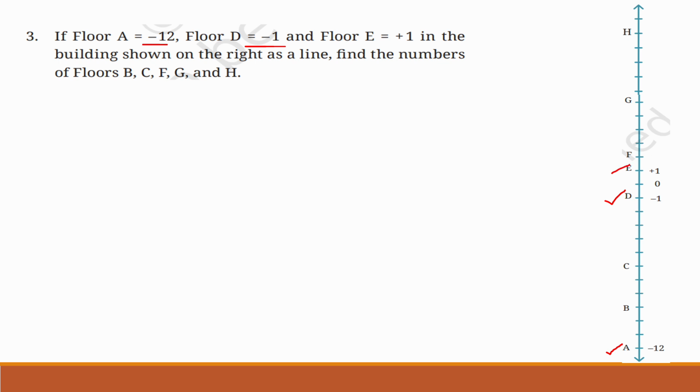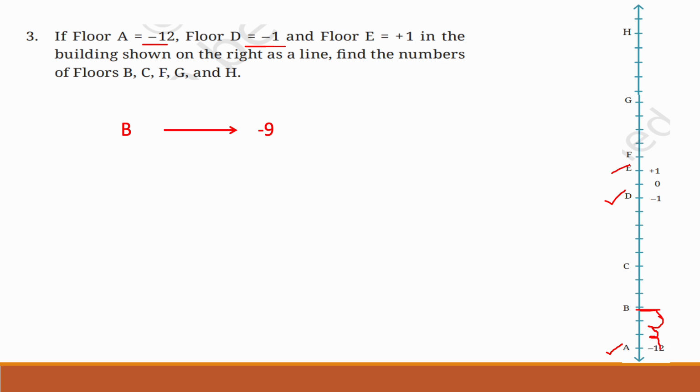In the building shown on the right as a line, find the numbers of floors B, C, F, G, H. See, what about B? B is here. So, this is minus 12. So, this is minus 11, then minus 10, this is minus 9. B is minus 9.